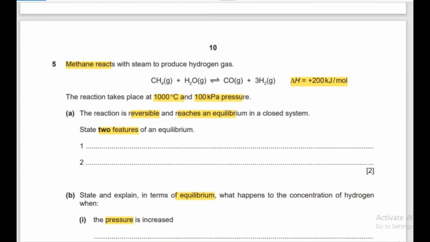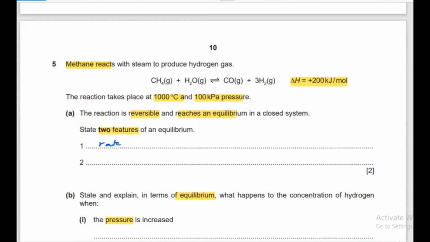Two features of an equilibrium. Equilibrium is the state of a reversible reaction when the rate of the forward reaction exactly equals the rate of the reverse reaction, and the concentration of reactants and products become constant.